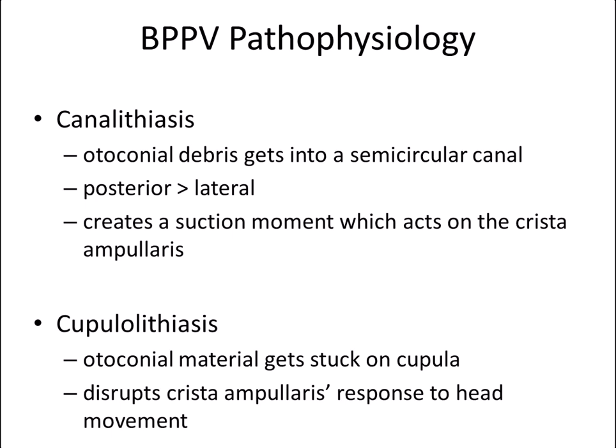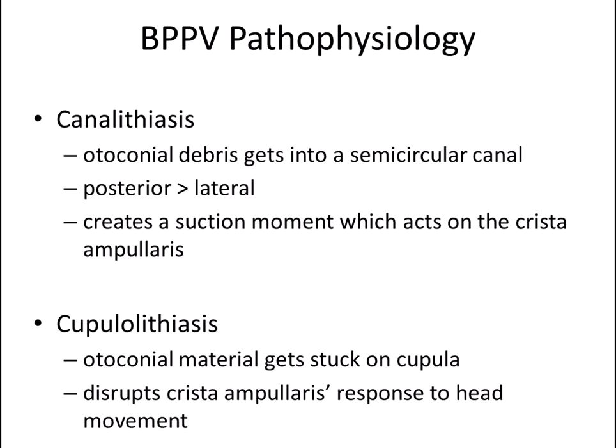When the otoconia get stuck in the semicircular canal, it creates a suction movement that distorts the ability of the crista ampullaris to detect head motion. That is why BPPV is known as a hyperfunction, because you're getting extra or hyper signal from the affected ear.